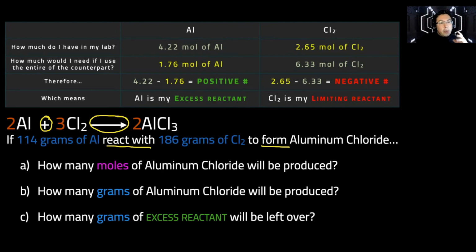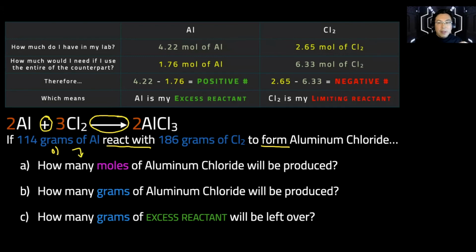Do you see how the question is not even asking you to take the limiting reactant or the excess reactant? It's just assuming that you already know how to reach this conclusion. So there's a secret question in here, let's say question zero, which is to find out the limiting reactant so you can answer the following questions.